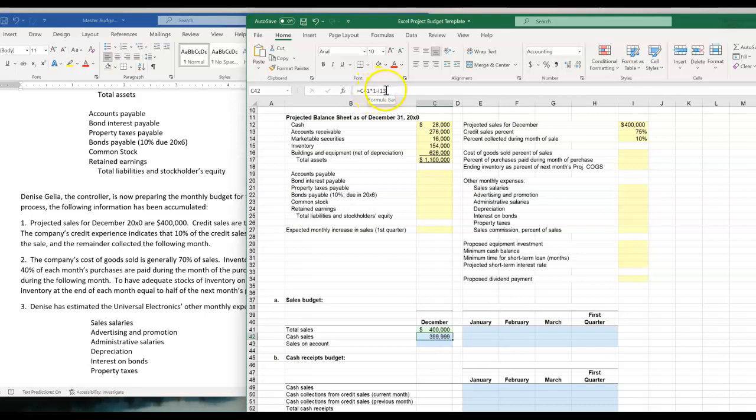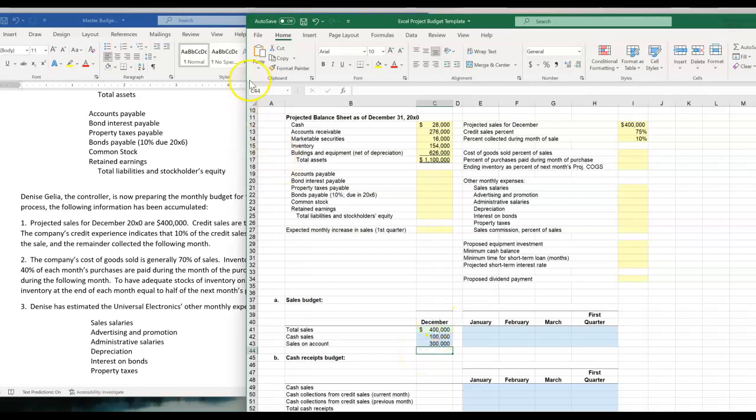How come this didn't work? 400,000 times, this might help. There we go. Okay, so that would be your cash sales, and then the sales on account would be equal to the total sales minus your cash sales. That would be your sales on account.